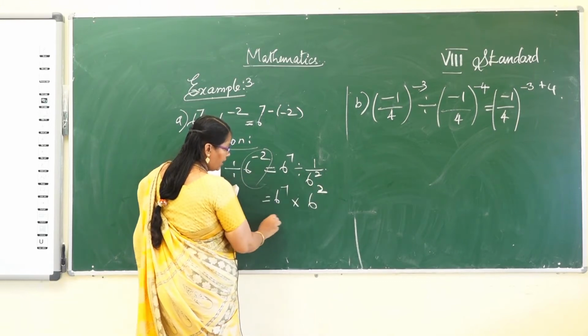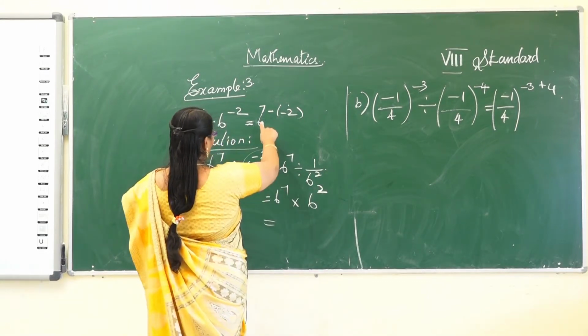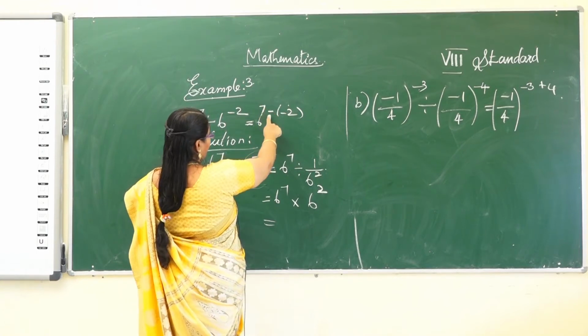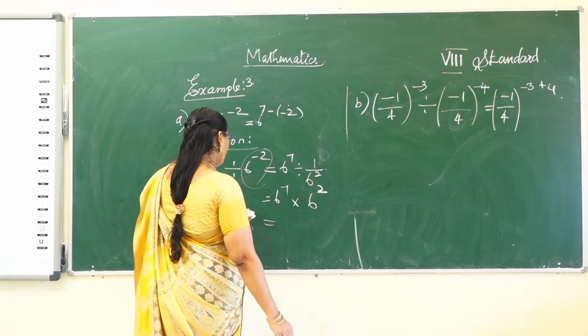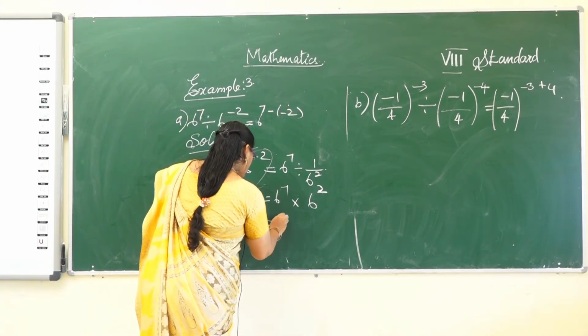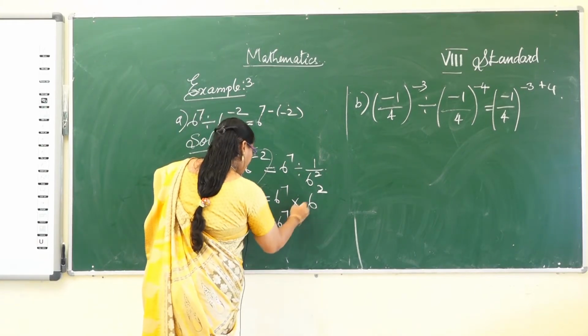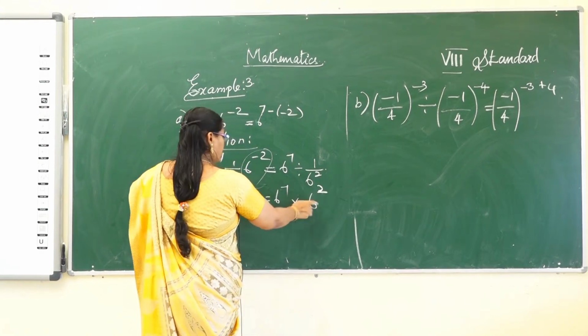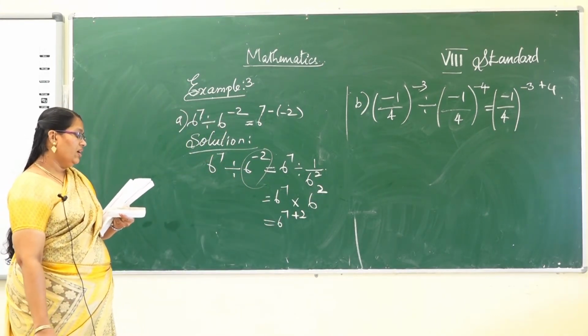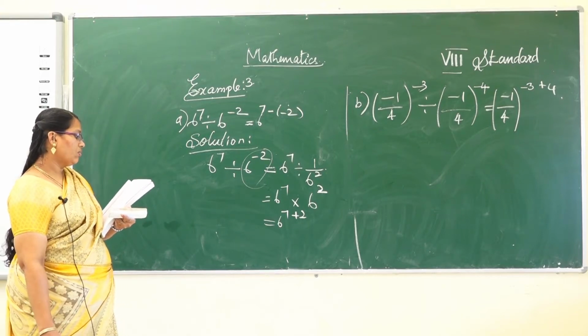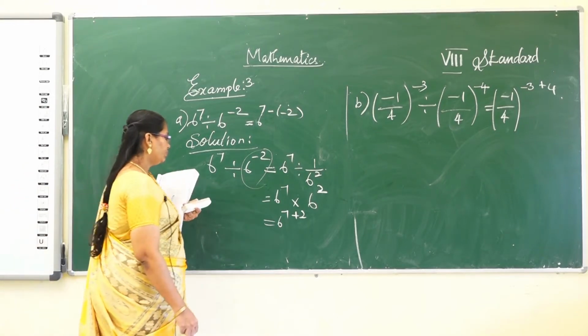Now write the exponent. What do we prove here? 6^(7 minus of minus 2), so 6^(7+2). The product rule applies here: 6^7 into 6^2.